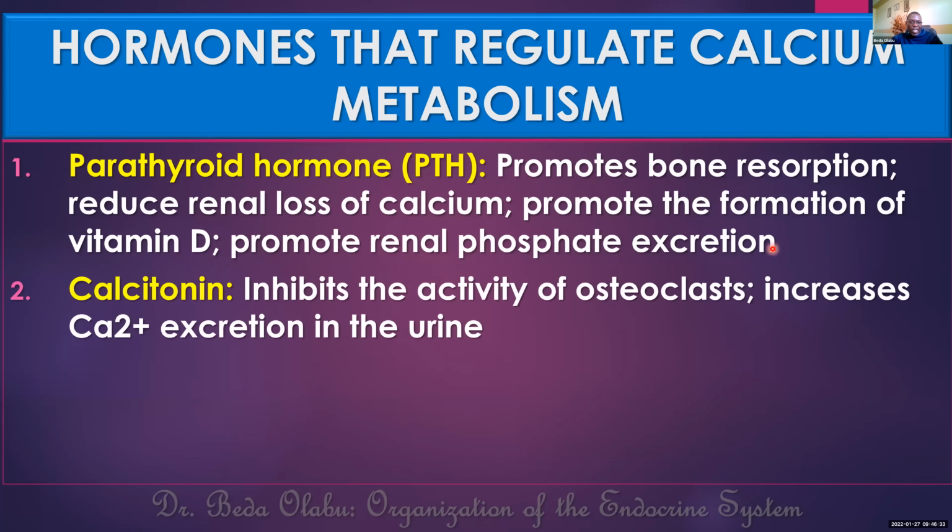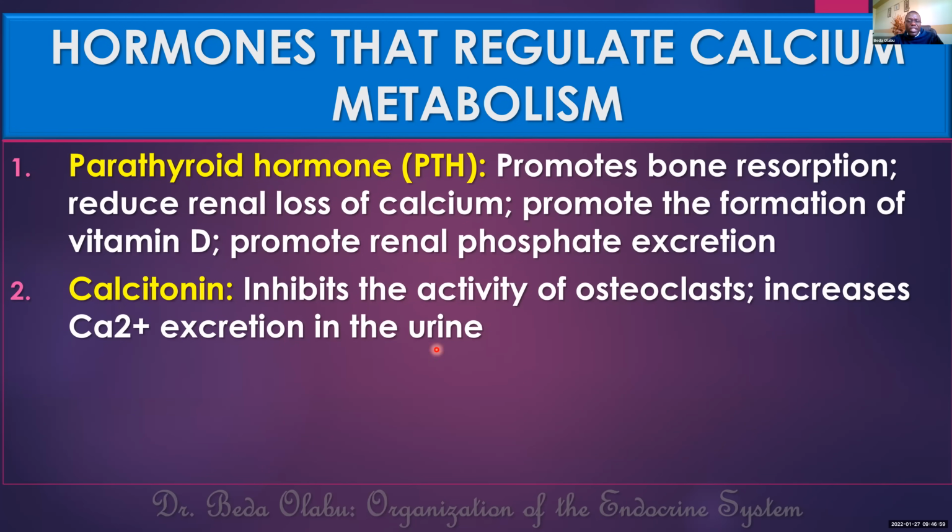The other hormone that affects calcium metabolism is calcitonin. This is from the parafollicular cells of the thyroid gland. Calcitonin inhibits the activity of osteoclasts. Remember, osteoclasts are the cells which break down bone. They are the cells that cause bone resorption.